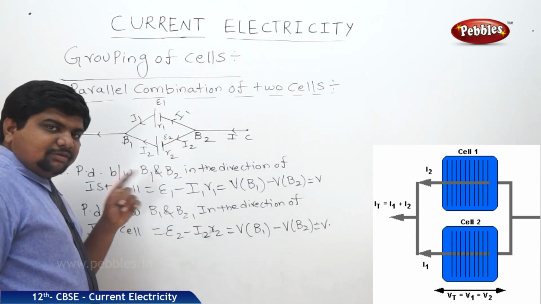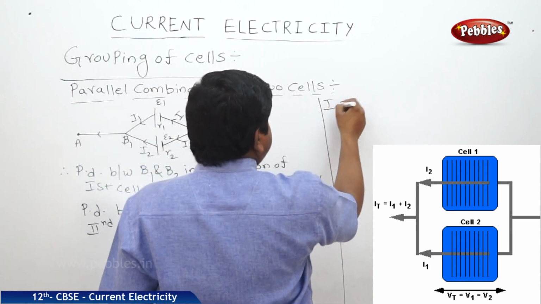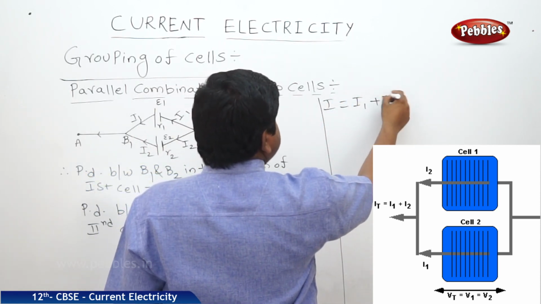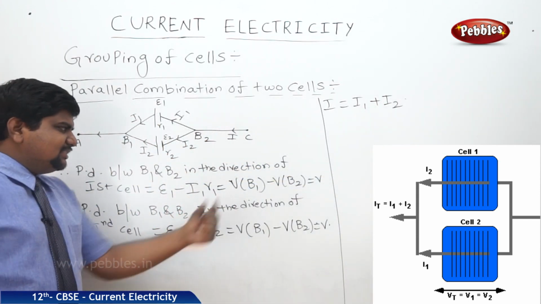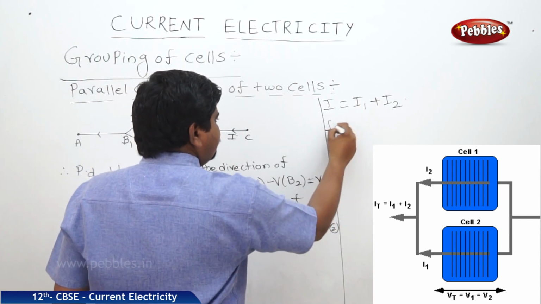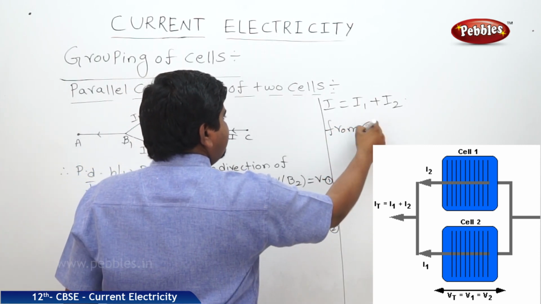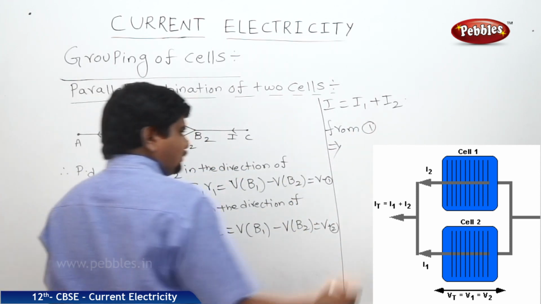We know that I is equal to I1 plus I2. What is the expression of I1 from this equation? This is 1, this is 2. From equation 1, V is equal to E1 minus I1 R1.